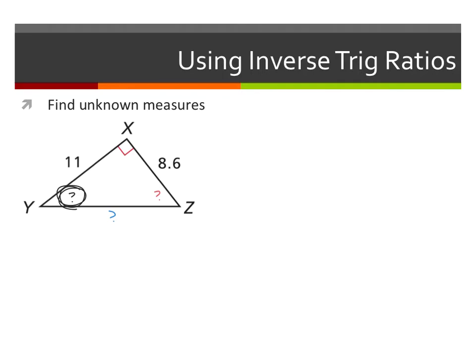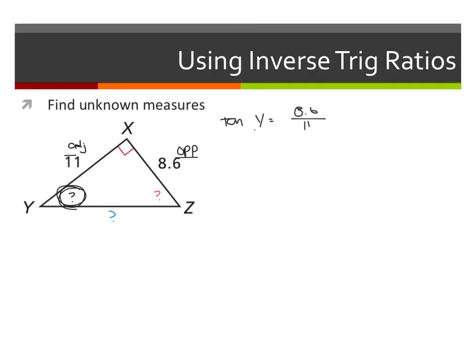When you look at it from angle y, 8.6 is the opposite, right? And 11 is adjacent. So the ratio that compares those two is tangent. So tangent of y equals 8.6 over 11.